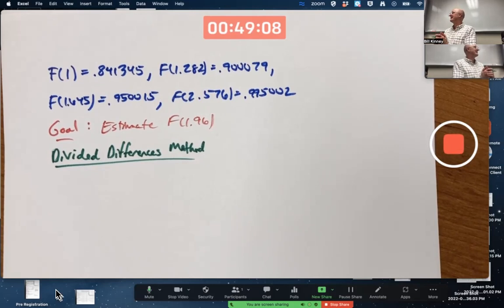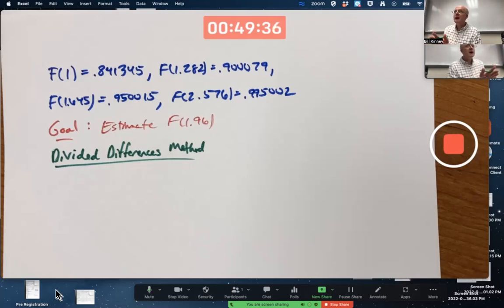With Neville's method, here's the main difference conceptually. We were really computing values of a bunch of different interpolating polynomials. In the 0th column, with the example we just did, we had 4 constant polynomials.